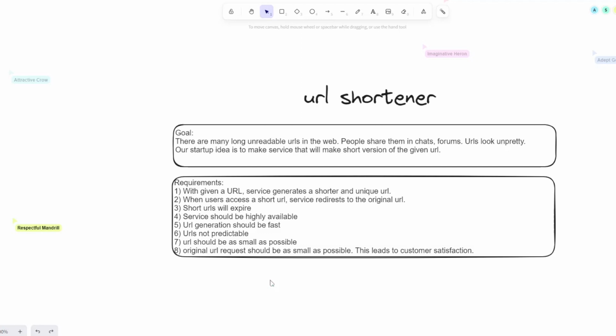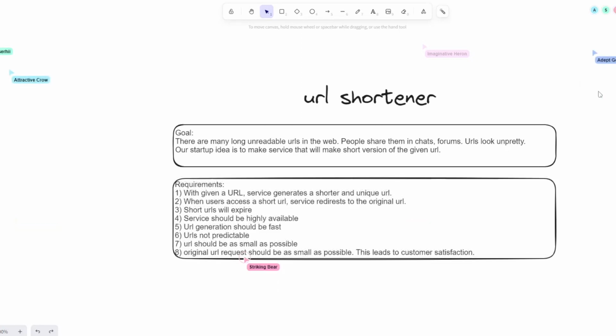I can describe this task in short. It is a pretty basic task that we can start our interview with. URL shortener.